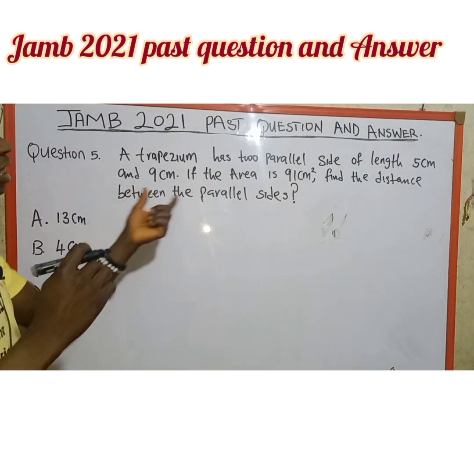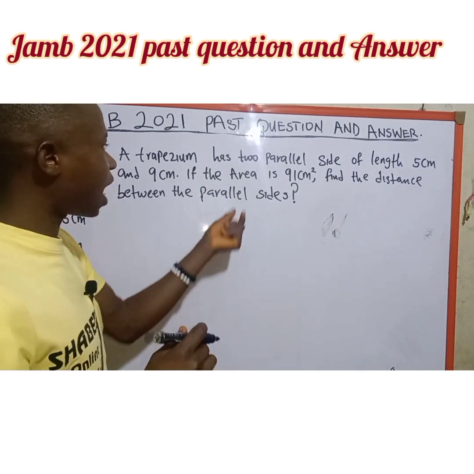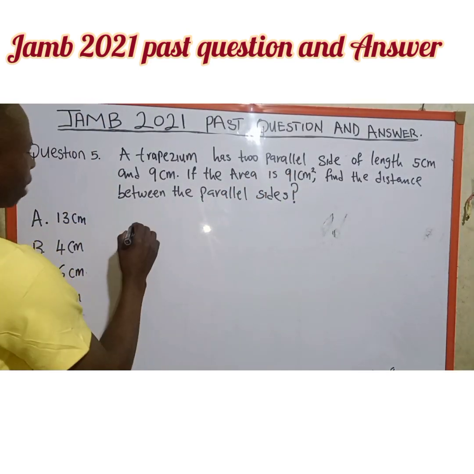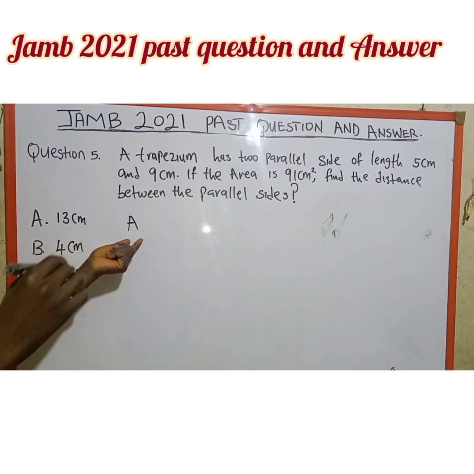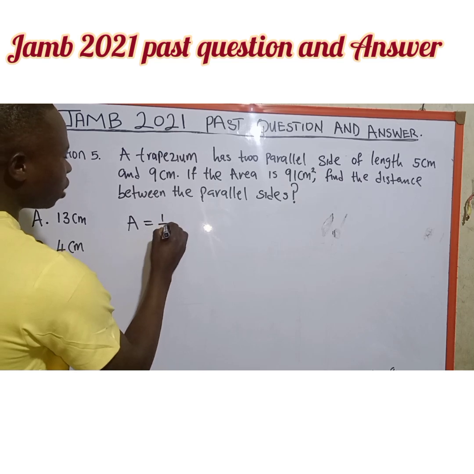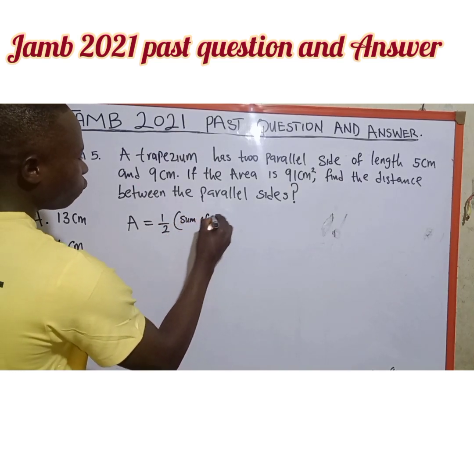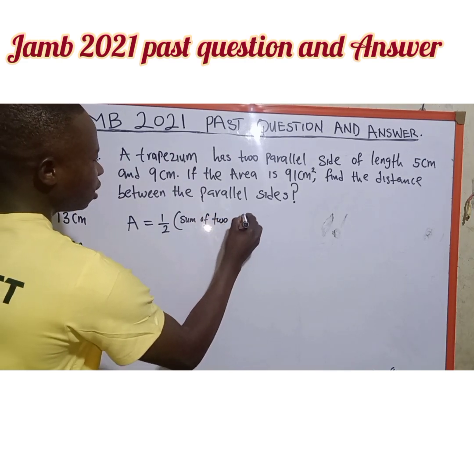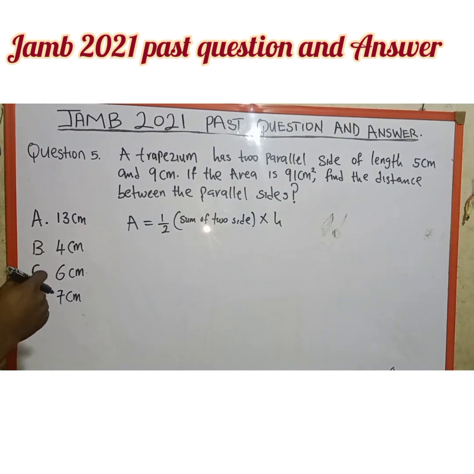Remember, we are asked to find the distance between the parallel sides and the area is given. And remember, the area of a trapezium, denoted as capital A, is equal to 1 over 2 multiplied by the sum of the two sides, then multiplied by the height. So this is the formula.